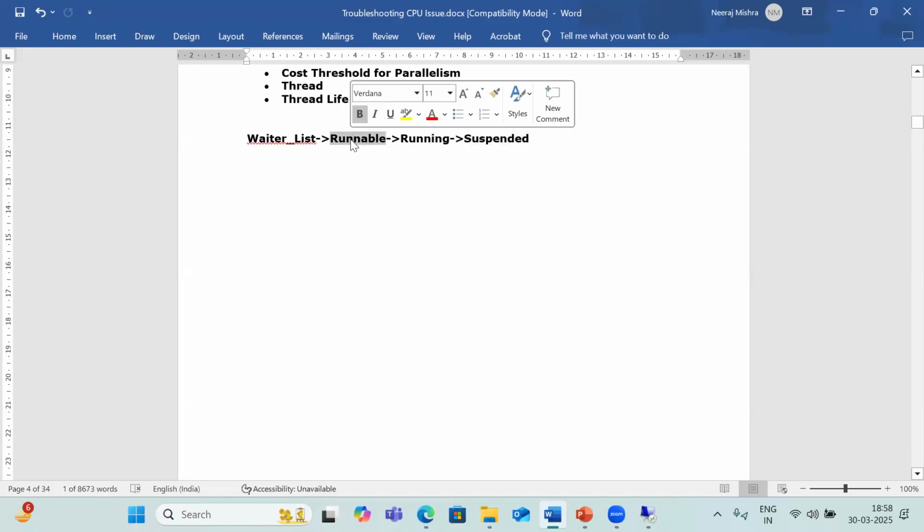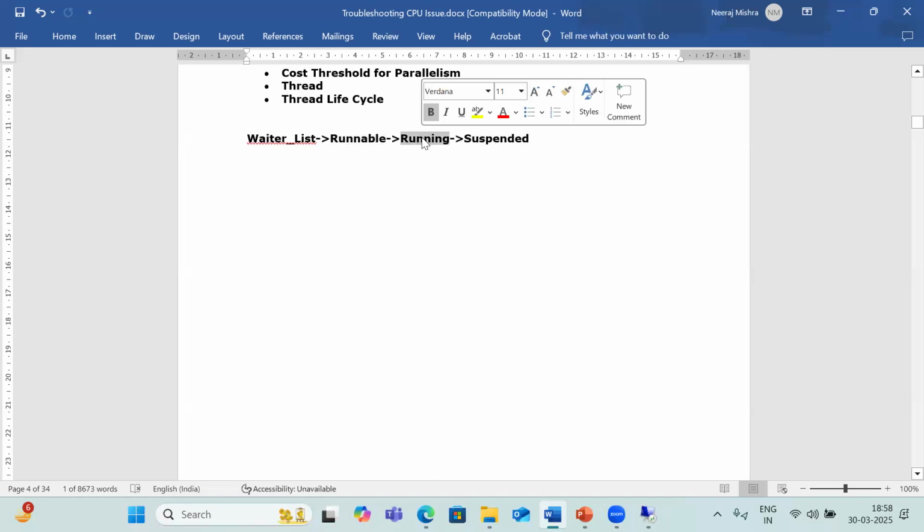4 milliseconds of time have been allocated to the query thread. The query thread entered into the running state, but now the resource on which it has to operate is not available. We will see through an example now. If that is not available, then what will happen?